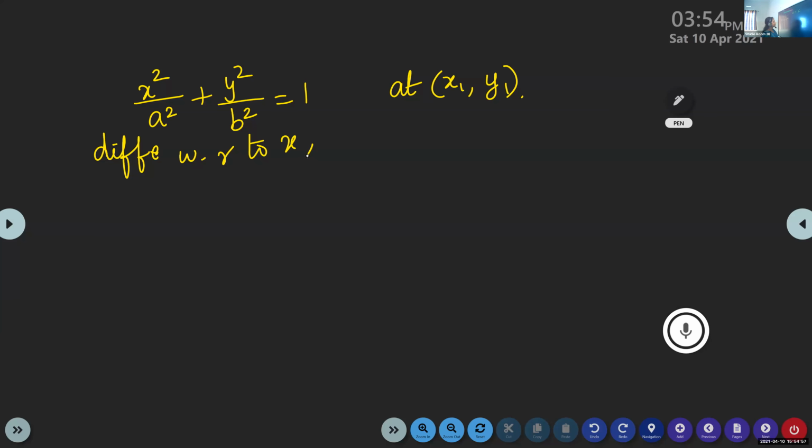Aparna, when you differentiate this, what will you get? Karthik, can you try this one?